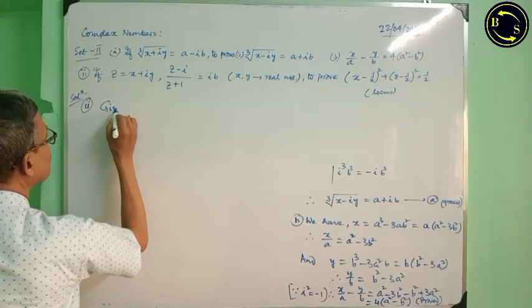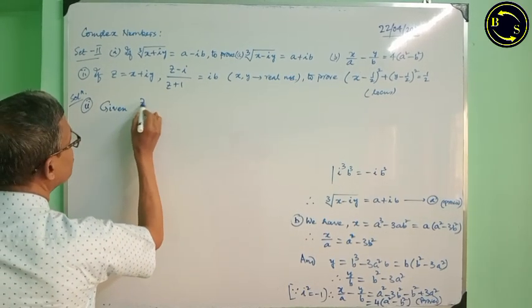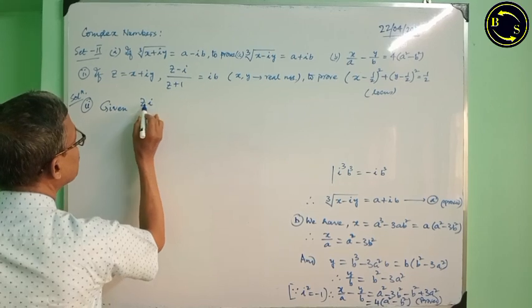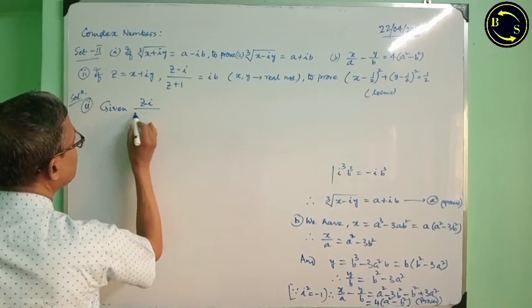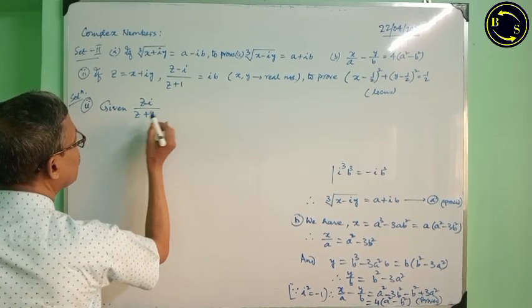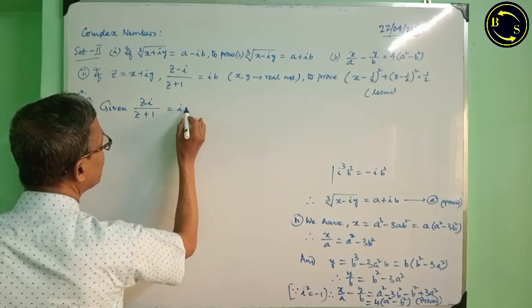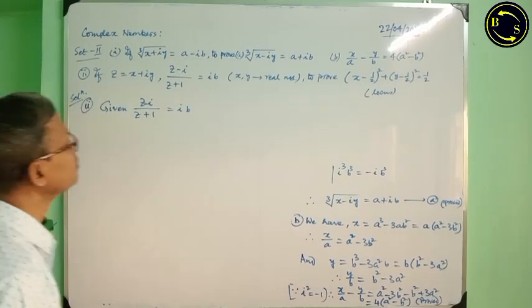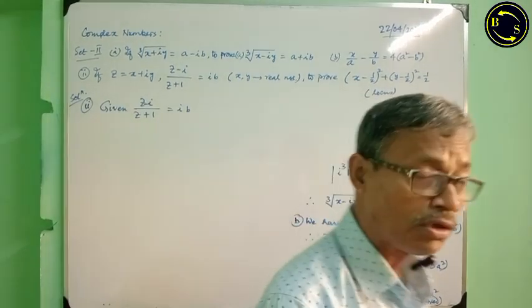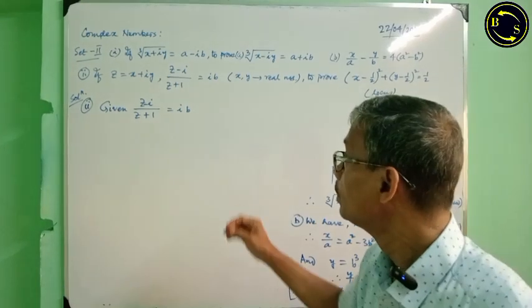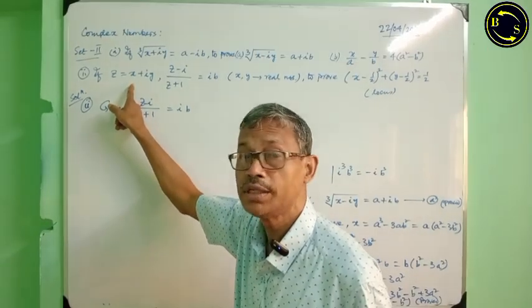Given (z minus i) by (z plus 1) is equal to ib. First of all, z is equal to x plus iy.